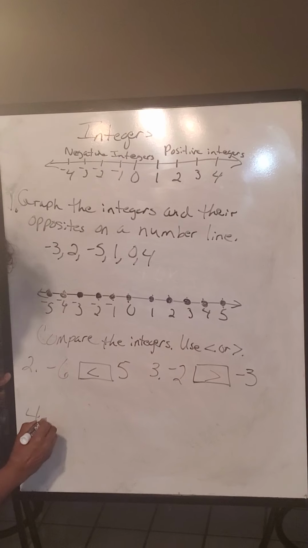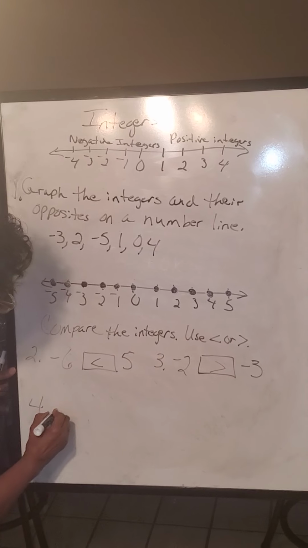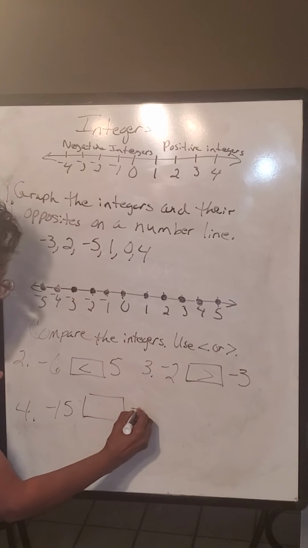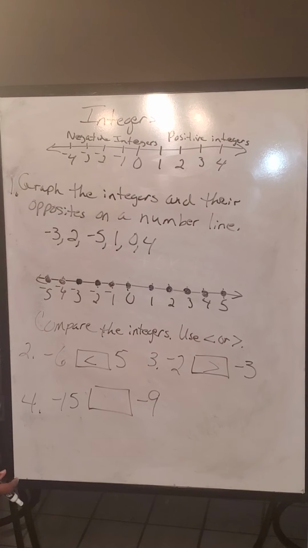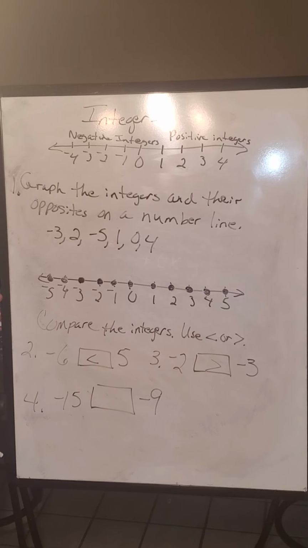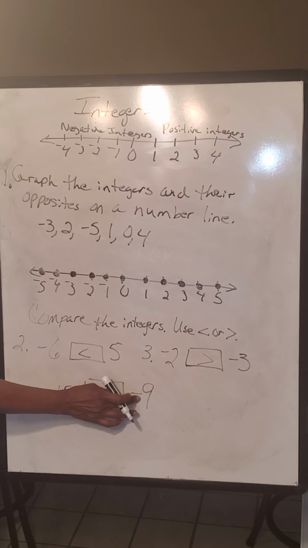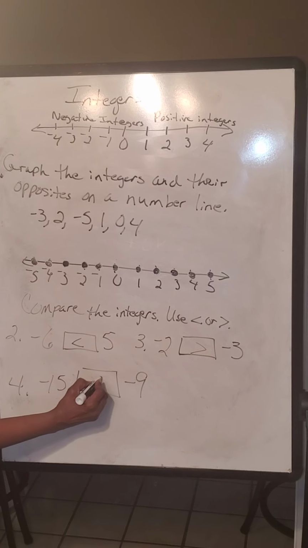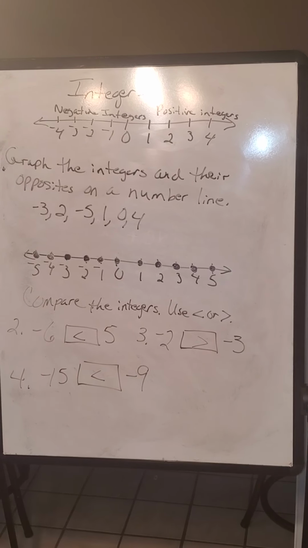Example 4. If I had a -15 and I want to compare it to a -9. I need to ask myself which one of these is closer to 0. This is closer to 0, so that means a -15 is smaller than that -9.